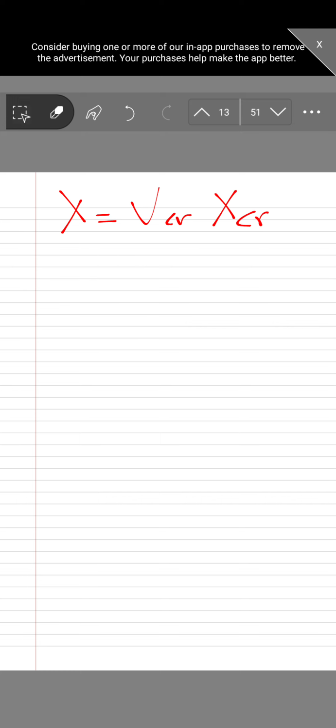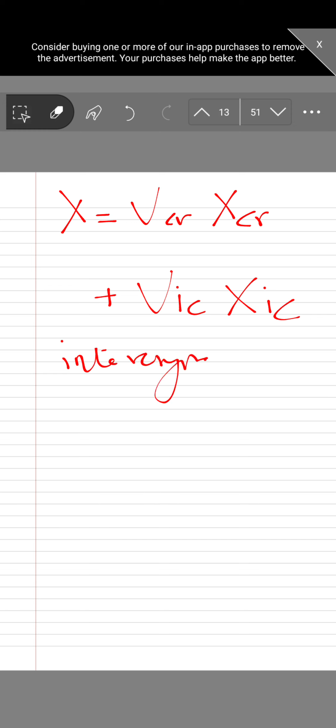The intercrystalline components include the grain boundaries, triple junctions and quadruple nodes.